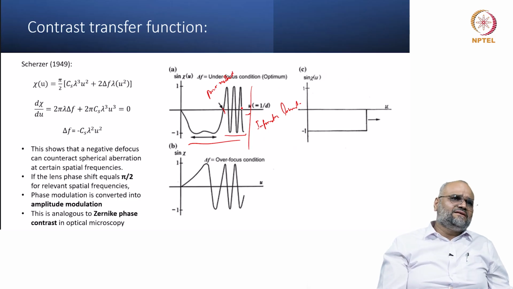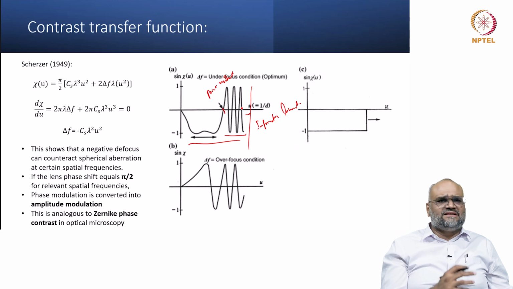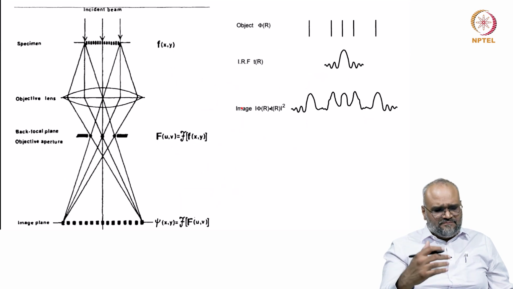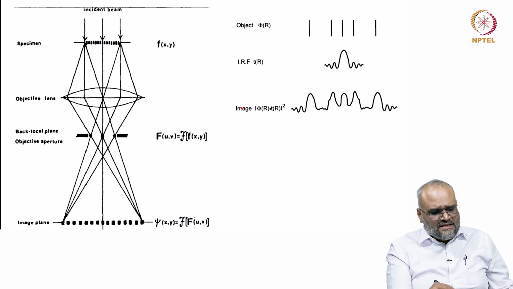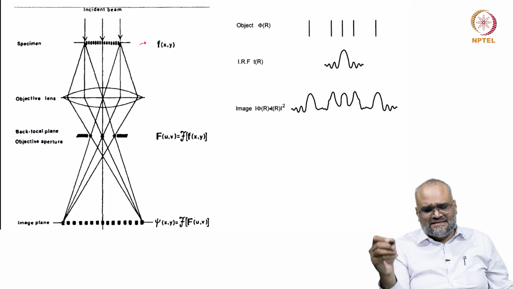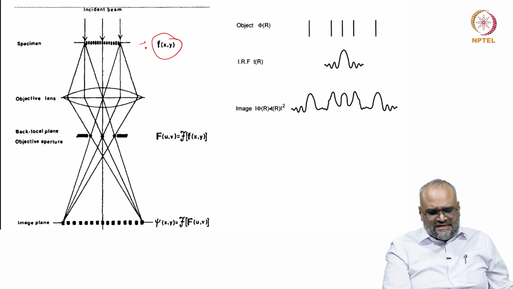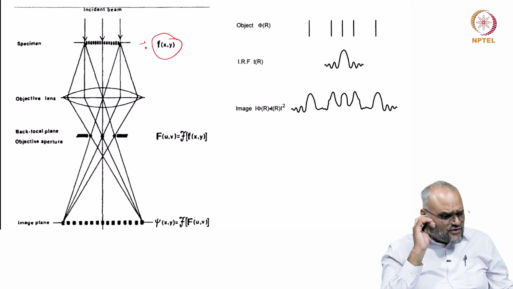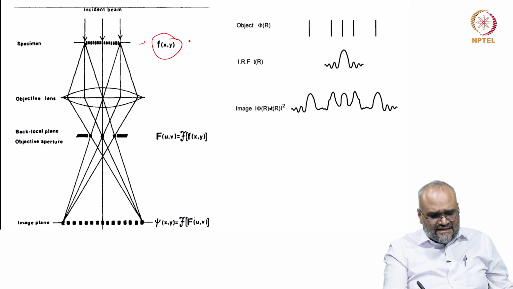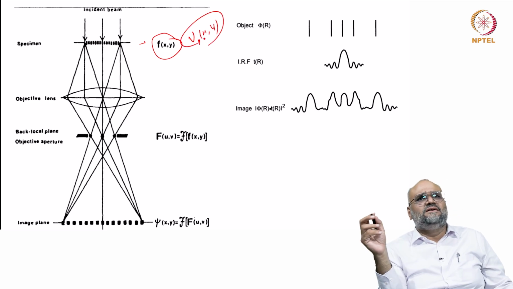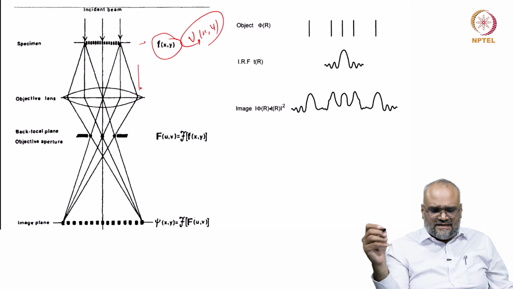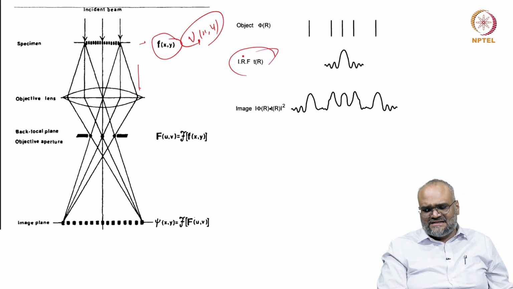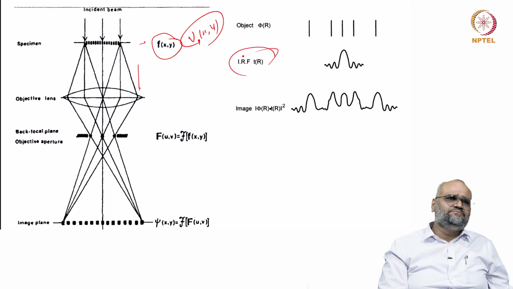So, if I summarize all of these and bridge them together, if I look at the imaging system in a transmission electron microscope, the specimen itself has a projected potential, and when the electron beam goes through this, inherently you are introducing a phase shift due to the projected potential. This is then modulated by the impulse response function of the microscope system.